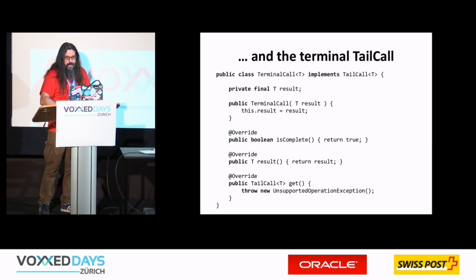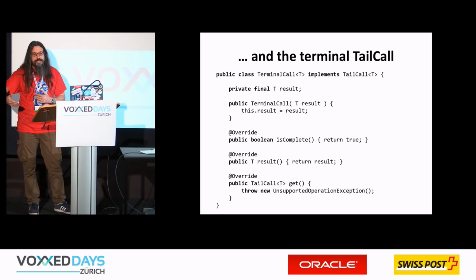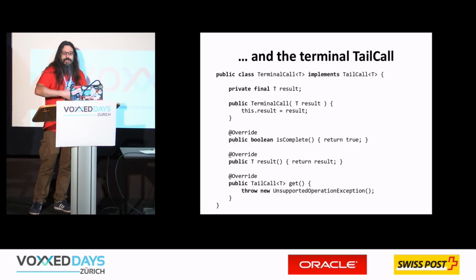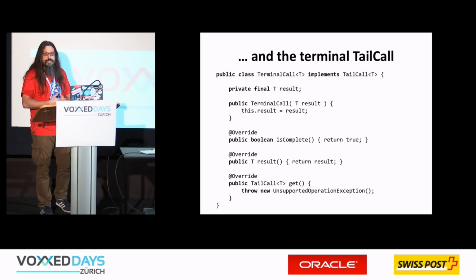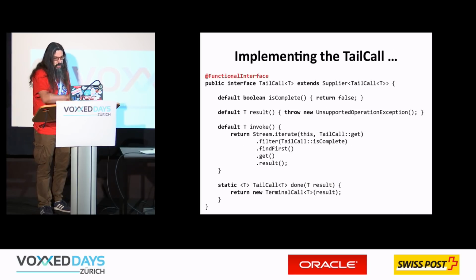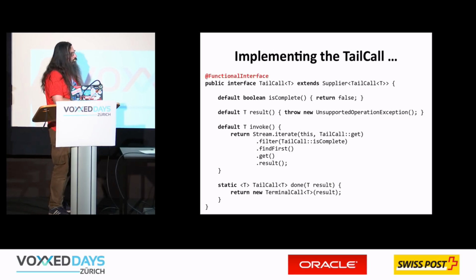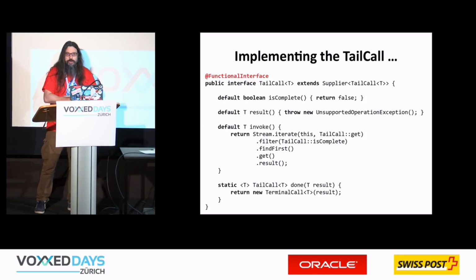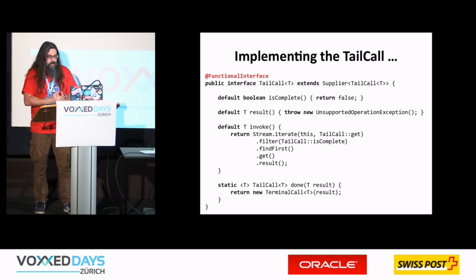So there is a terminal variant of this tail call, which returns true on isComplete, and only on this can you call result. Here I have a static factory method called done, which returns a terminal tail call.